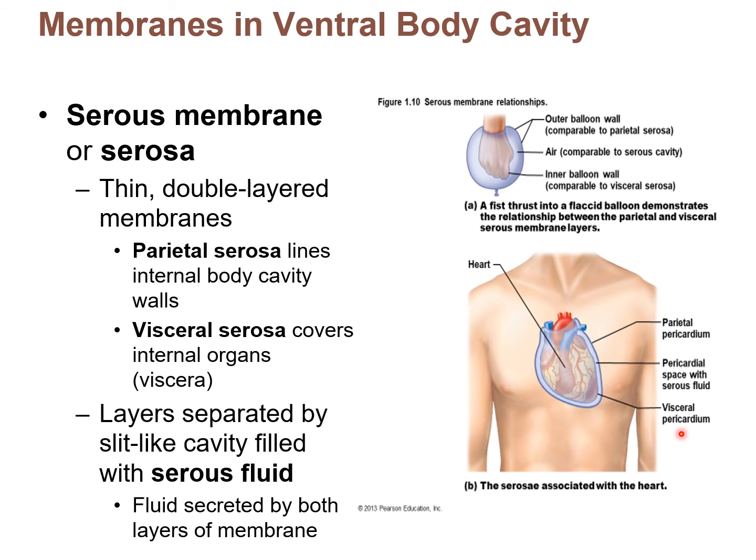So if I say visceral pericardium, that's the serous layer surrounding my heart. But if I say visceral pleura, that means it's the layer surrounding my lung. If I say parietal pericardium, again, that's the outer layer, lining the cavity and further away from the organ. But if I say pericardium, then I'm definitely talking about the heart. If I say pleura, then I'm talking about the lung.